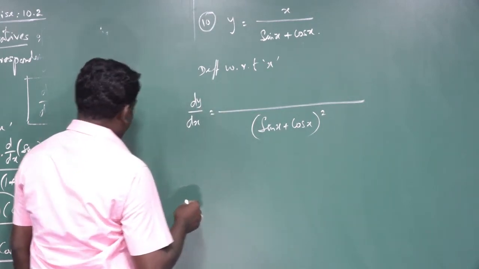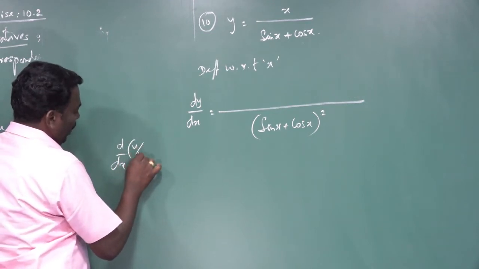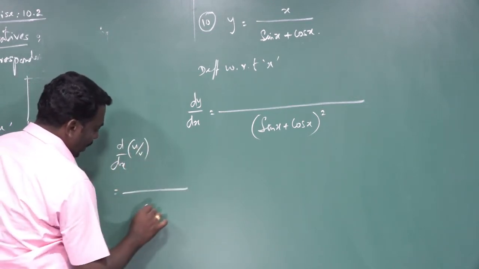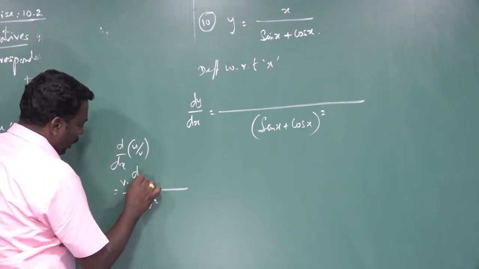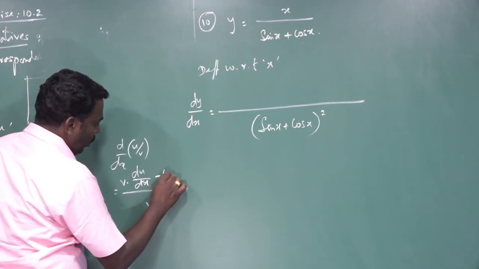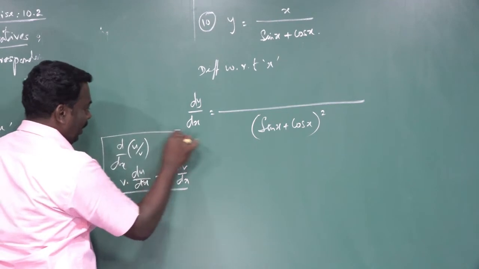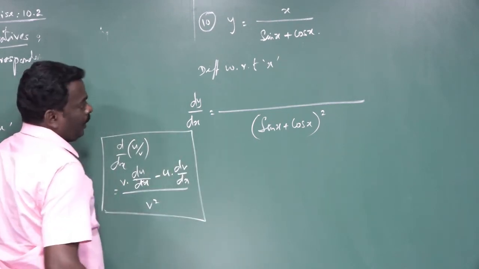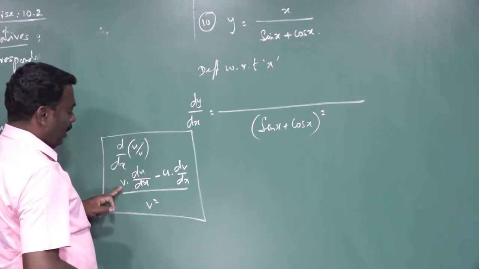So you know the formula, d by dx of u by v is equal to the denominator v square, and we keep as it is, differentiate u, du by dx, minus u as it is, dv by dx. It is called the u by v differential formula. Now first we write v square as it is. Now first write the numerator v.